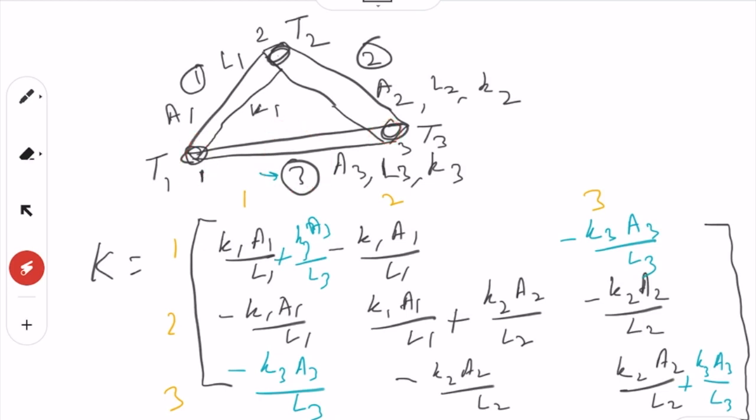Hence number 2 we did not touch, because number 2 is connected between 1 and 3 only, so for 2 we don't write anything. The remaining 4 entries we write: plus K3 A3 over L3, minus K3 A3 over L3, here also minus, and here it will be plus. So this is how you get the big stiffness matrix.